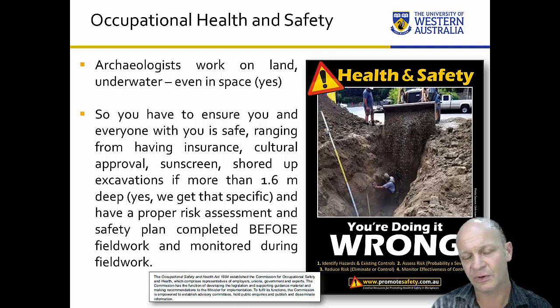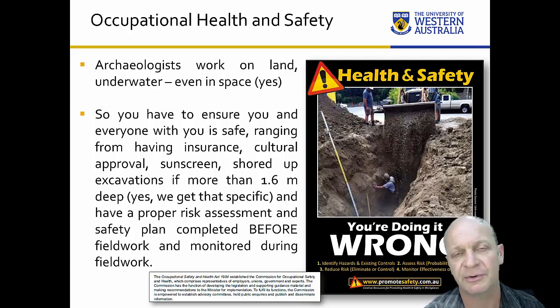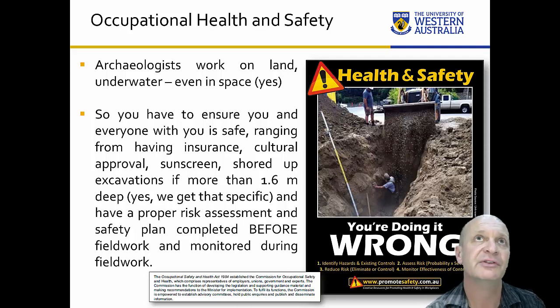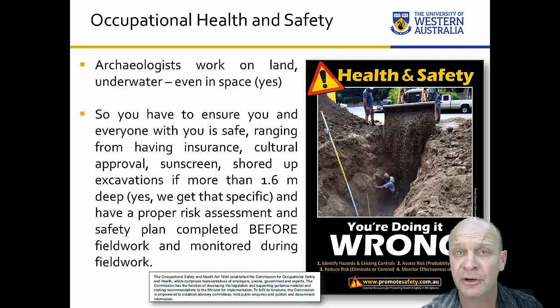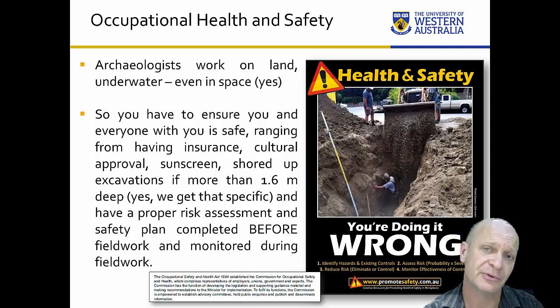And there are 101 things you have to keep in mind. You have to make sure everyone's insurance is up to date. You have to make sure your equipment is adequate to the task. If you're working in an area that's hot, you need to have sun protection. We work up in the Kimberley, and we have to have risk assessment plans, for example, for crocodiles and poisonous fauna and flora and feral animals, and what you do when you get bogged, and all of those different kinds of things.